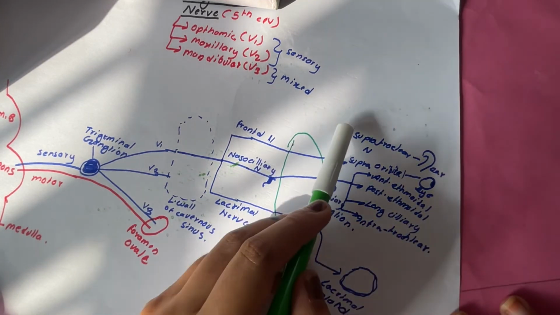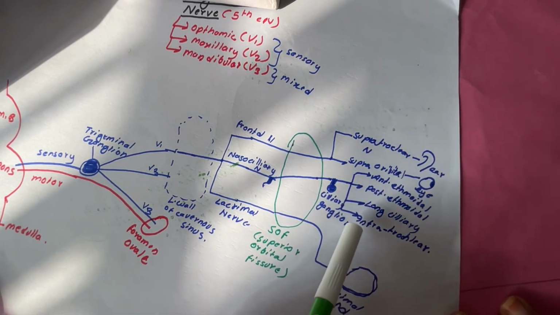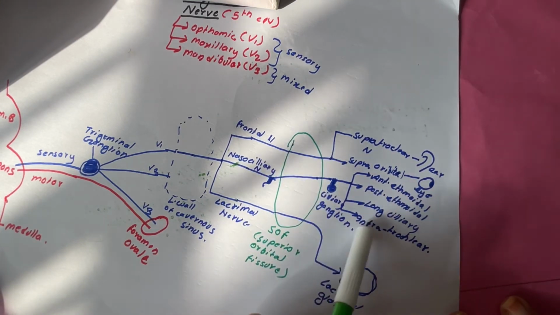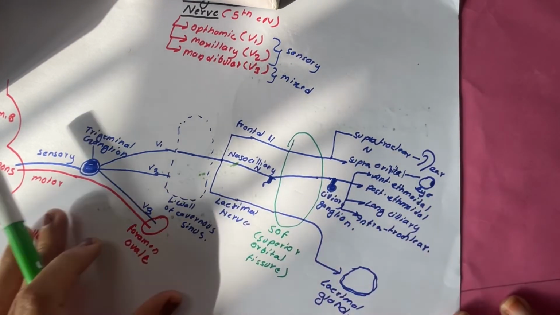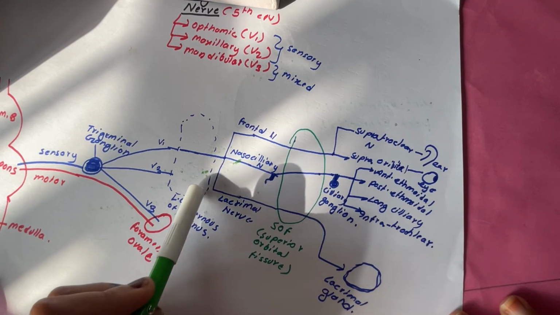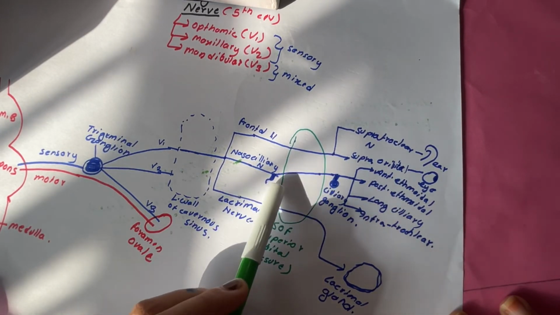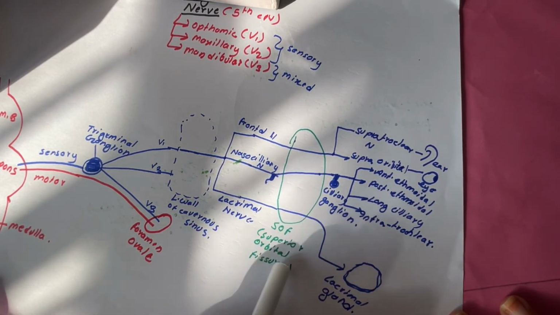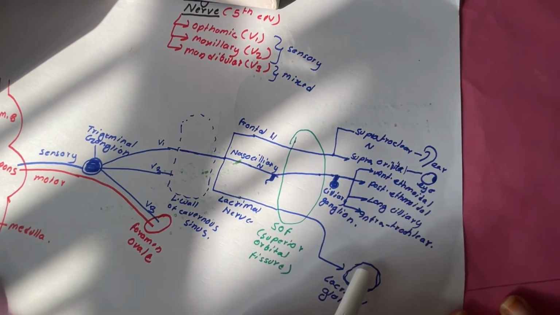The frontal nerve gives supratrochlear, and the nasociliary gives infratrochlear. And the lacrimal nerve supplies the lacrimal gland.